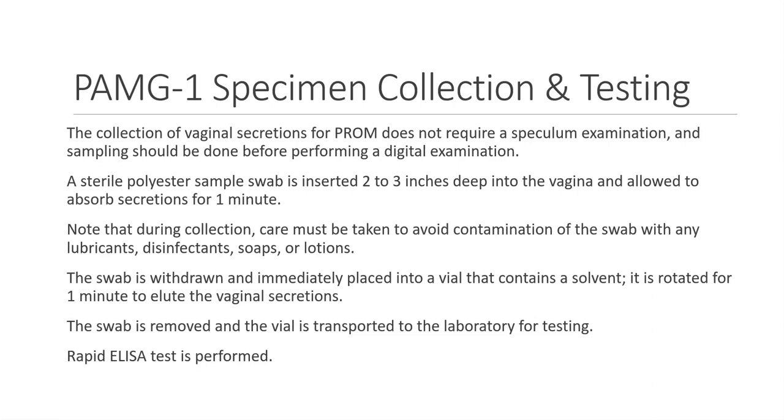Note that during the collection, you have to avoid those contaminants, as with any other type of collection, lubricants, disinfectants, soaps, or lotions. The swab is withdrawn and immediately placed into a vial that contains a solvent. It is rotated for 1 minute to elute the vaginal secretions. The swab is removed and the vial is transported to the laboratory for testing. Rapid ELISA test is performed.